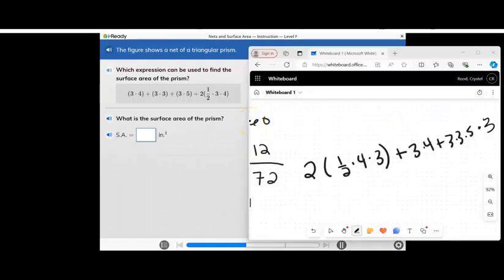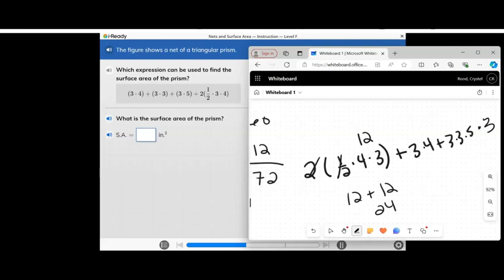Okay, so since this is level 4, I'm still not using a calculator. I now have it all written. I got the right equation. Now I can just solve. So I know here we have 12. I know that these are going to cancel out, 2 divided by 2 is 1. So 12 plus 12, which is 24.